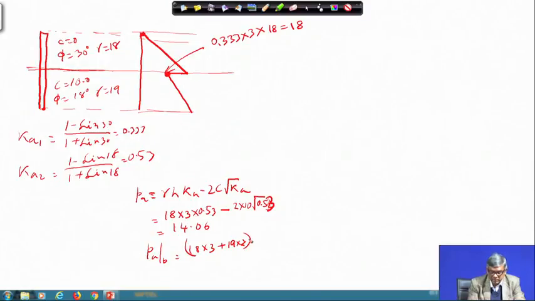This much sigma is acting, multiplied by K A 0.53, minus 2 multiplied by 10 multiplied by root 0.53.